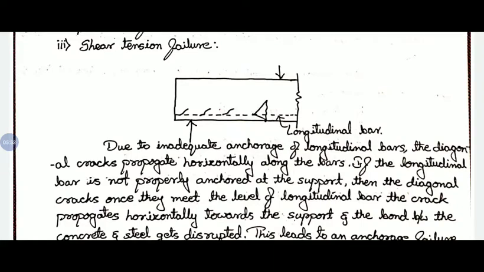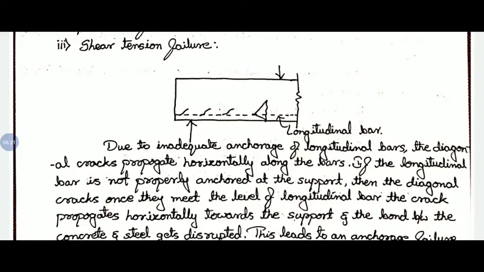In this, there is inadequate anchorage of longitudinal bars. The diagonal cracks propagate horizontally along the bars. When we are providing the longitudinal reinforcement, we will provide a hook at the end of the bars. If we provide only straight bars, there will not be proper anchorage for the reinforcement bars.